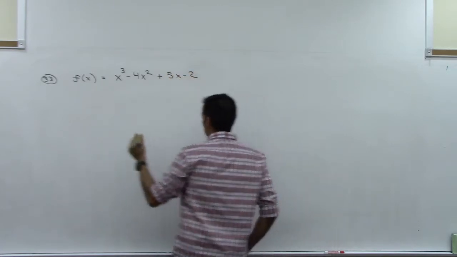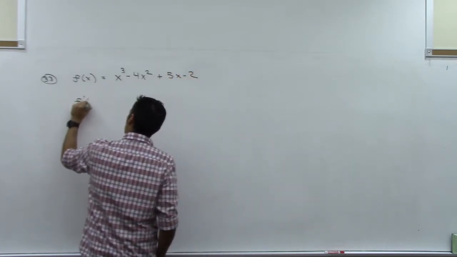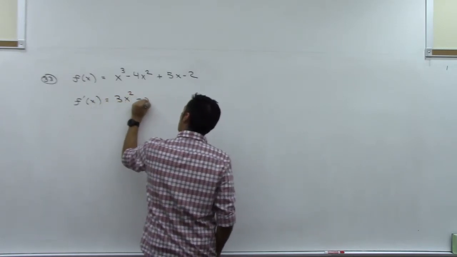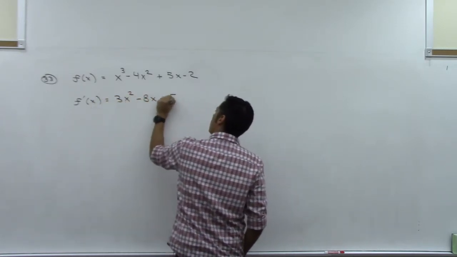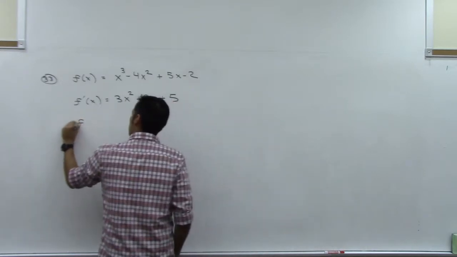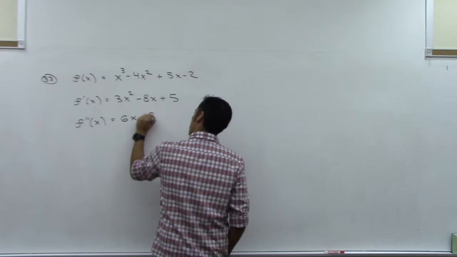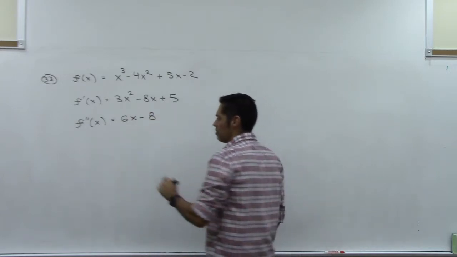All right, so same questions. We want to know where it's concave up and concave down. So I take my first derivative. There's my first derivative. I take my second derivative. All right, and now I set my second derivative equal to 0.